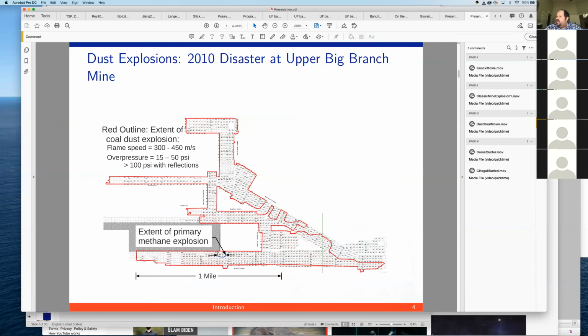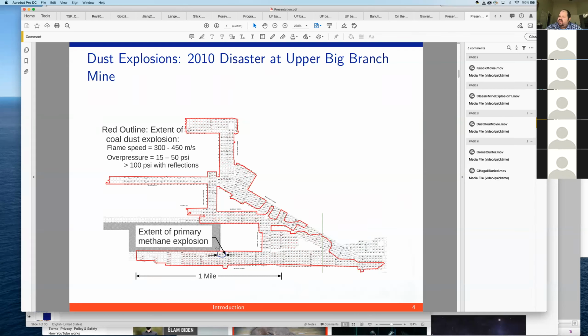And so what happened then is the natural gas accumulated, and as a consequence of Murphy's law, if you have an explosive concentration of gas or particles hanging around long enough, it will find an ignition source, and this was no different.